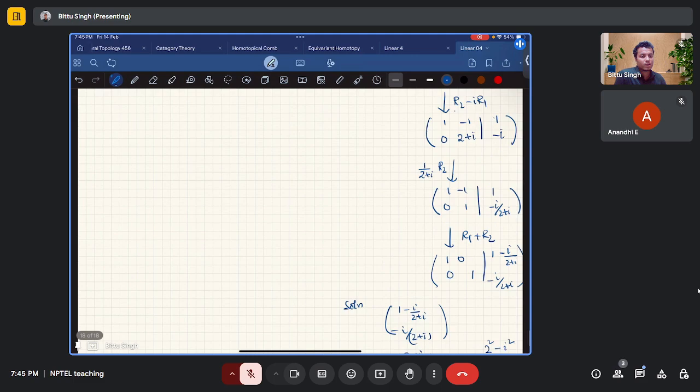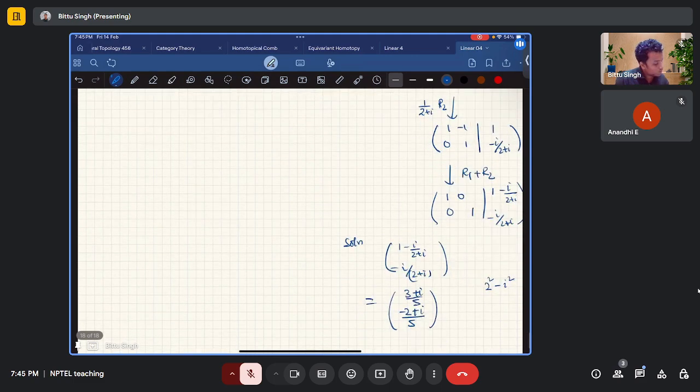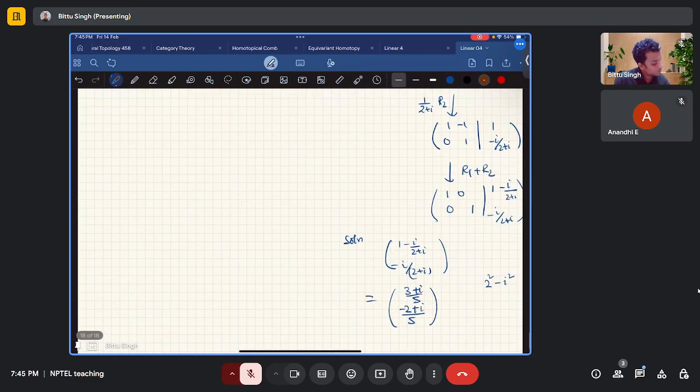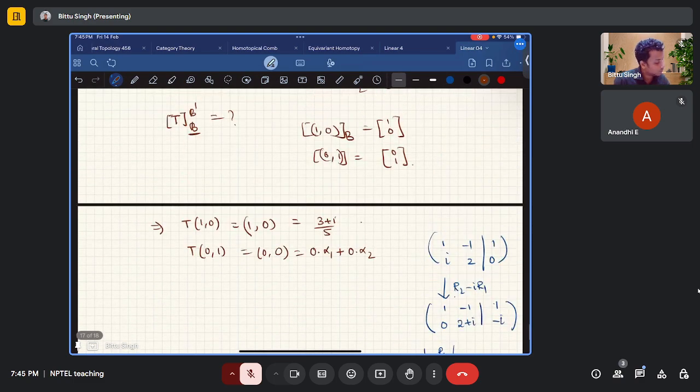So this should be the linear combination: 3 plus I by 5 and then minus 2 plus I by 5. So this should be the linear combination which will give us 1 0.